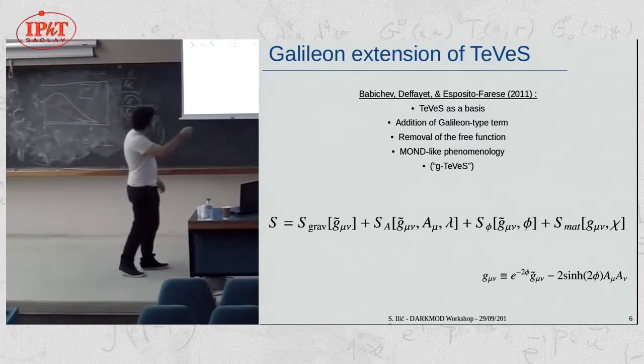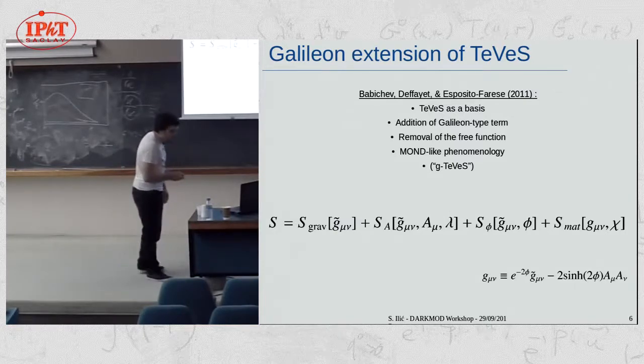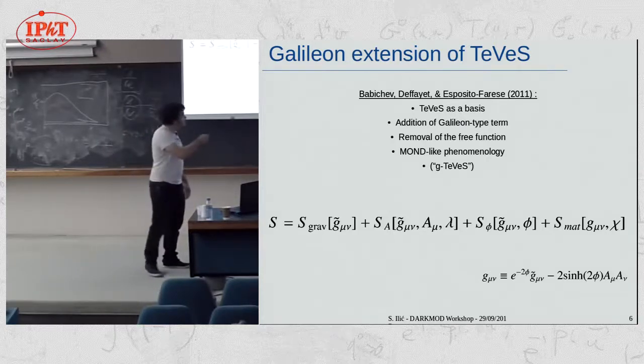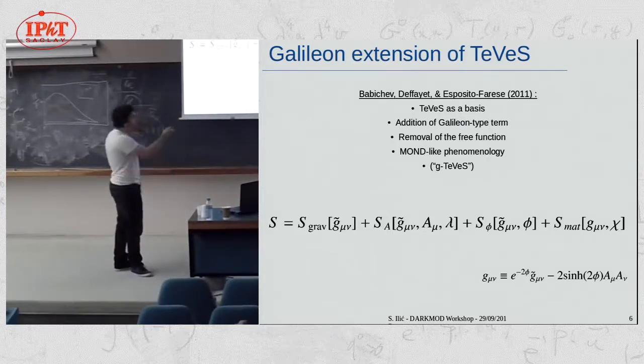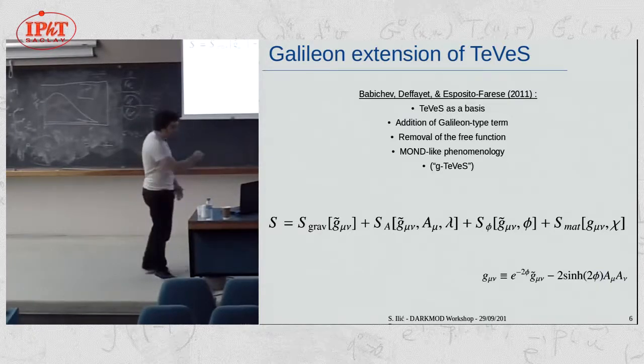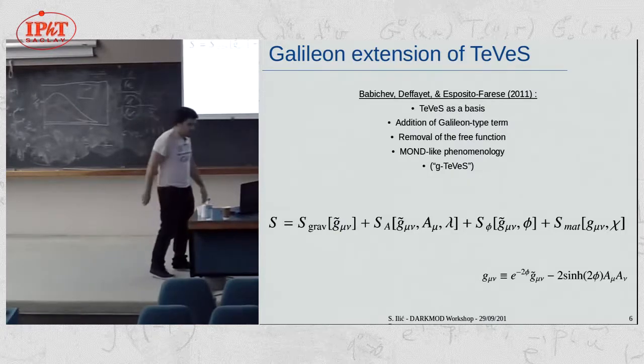It has the nice property of removing the free function, so this ambiguity is gone. And as I said, it recovers MOND-like phenomenology. In the rest of my talk, my collaborators and I choose to dub this model the g-TeVeS model, for the Galilean extension of the TeVeS theory.